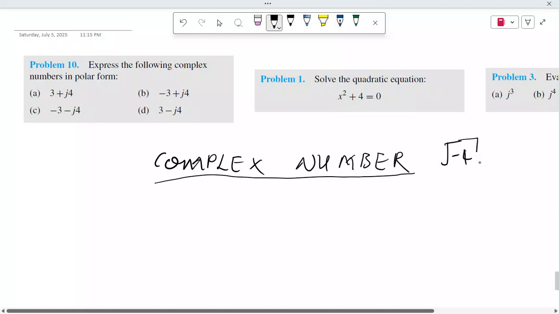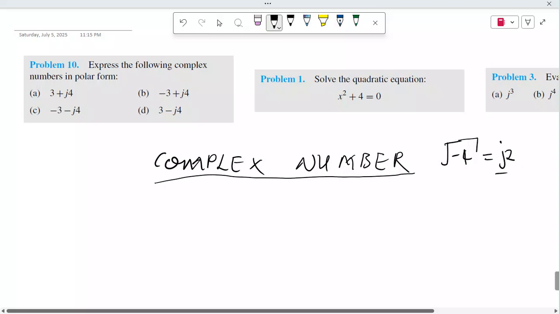From our basic mathematics, we'd say no, a negative number doesn't have a square root, but now it has. We just represent the negative as j, and then the square root of 4 is what? 2. So that's what we want to discuss. If you have a square root of a negative number, that negative is represented as j.